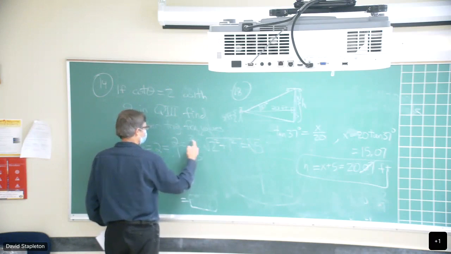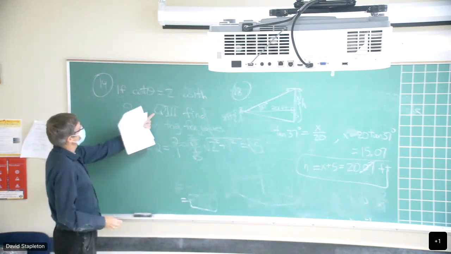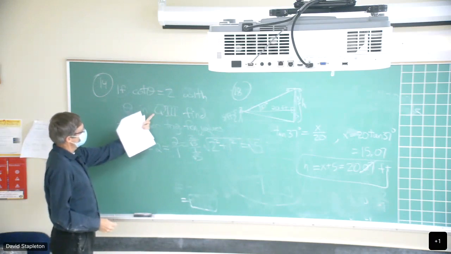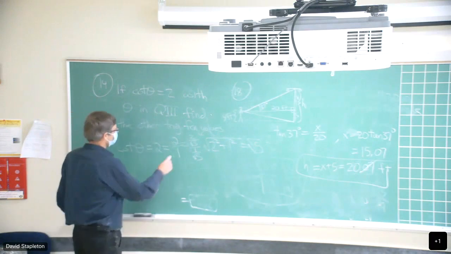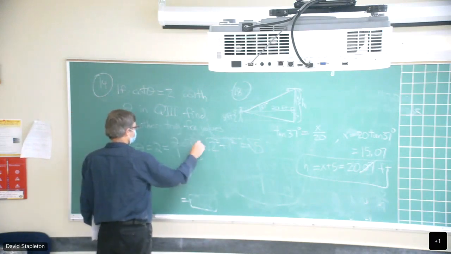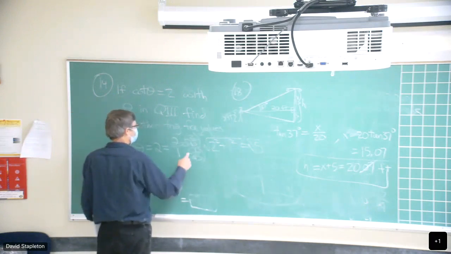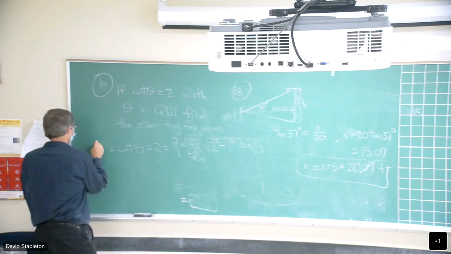I just divide the top and bottom by the same thing, so the same quotient. And then I'll say, wait a minute, in quadrant 3, are sine and cosine positive or negative? They're both negative, right? So I'm going to rewrite this as minus this one over minus this one to be in quadrant 3.